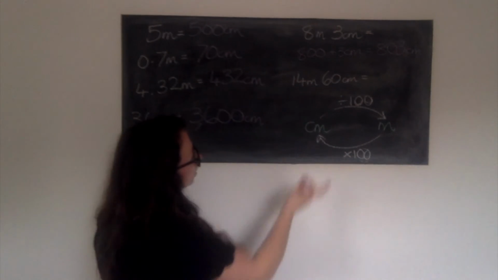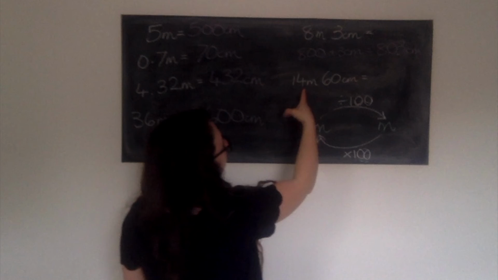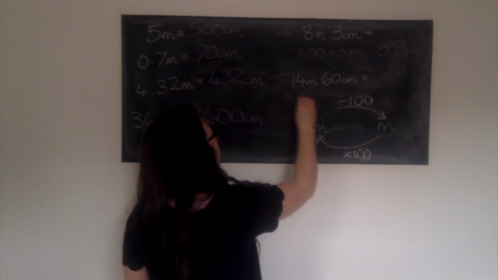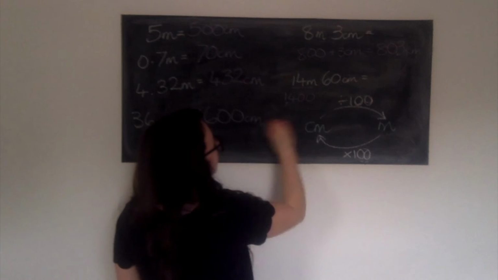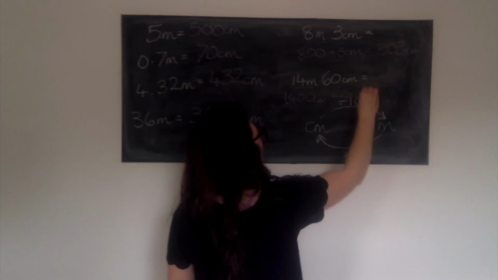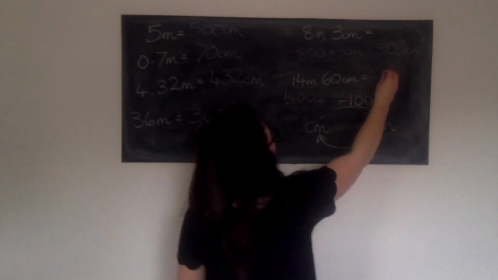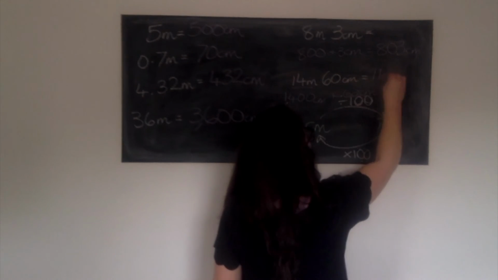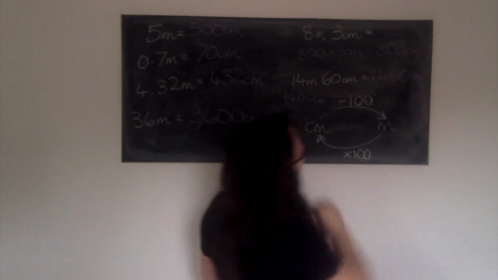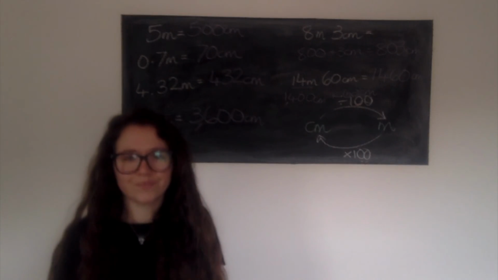And then the last one, so 14 metres, so you've got to times that by 100, so that's 1,400 centimetres, plus the 60 centimetres, add those together and it gives you 1,460 centimetres. Well done if you got those.